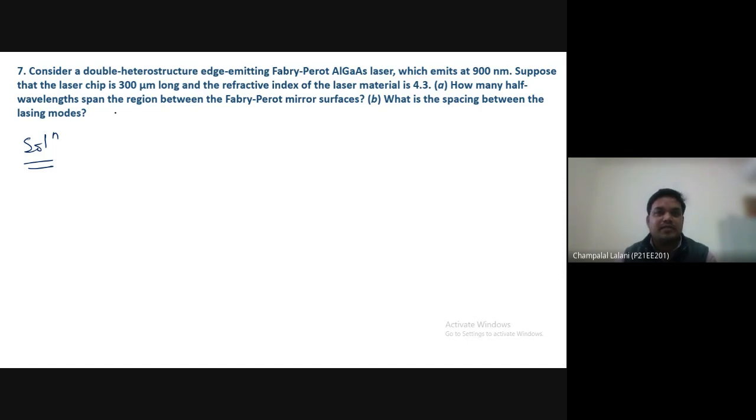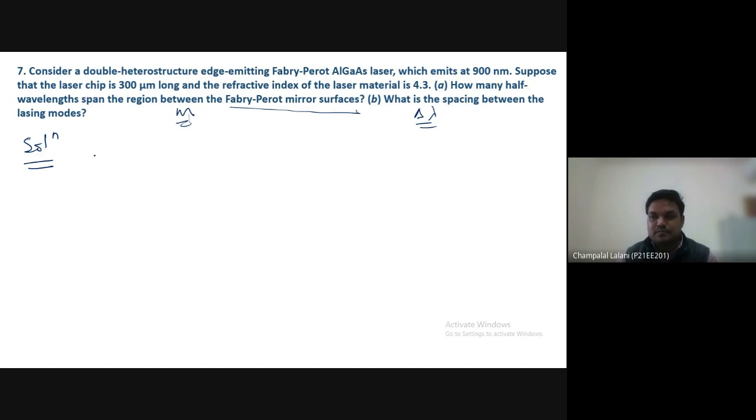How many half wavelengths span the region between the Fabry-Perot mirror surfaces? Consider a double heterostructure AlGaAs Fabry-Perot laser which emits at 900 nanometers. Suppose the laser chip is 300 micrometers long and the refractive index of the laser is 4.3. So you need to calculate how many half wavelengths, that is basically the number of modes, and second, what is the spacing between the lasing modes, which is delta lambda.